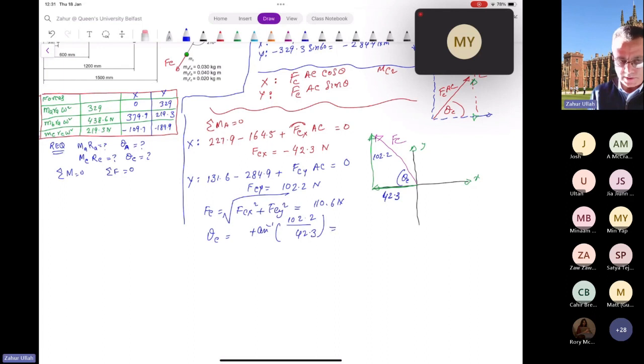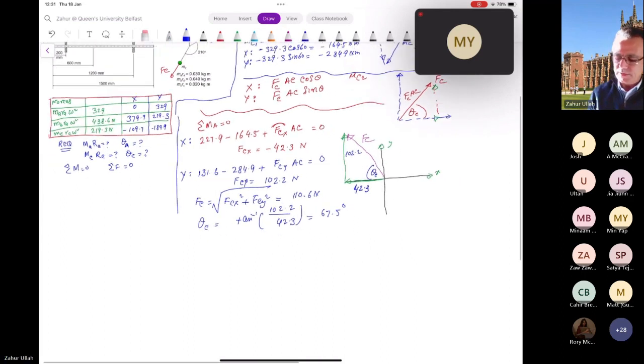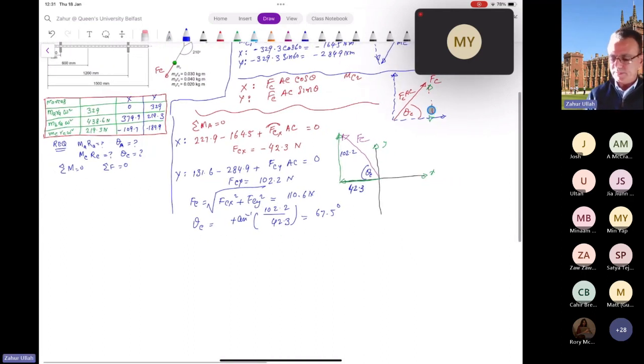This will give you the angle, which is going to be 67.5 degrees. So this means that you managed to calculate this force that you can add at C to make the system balance. So you managed to calculate its direction and also its magnitude.